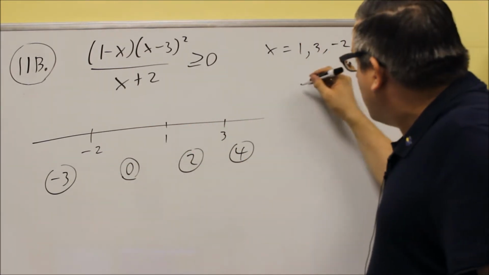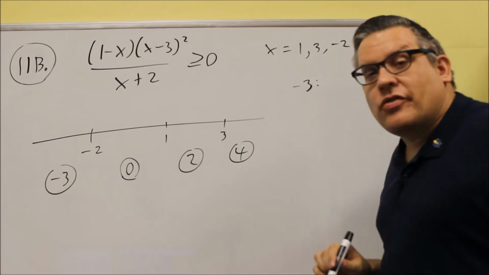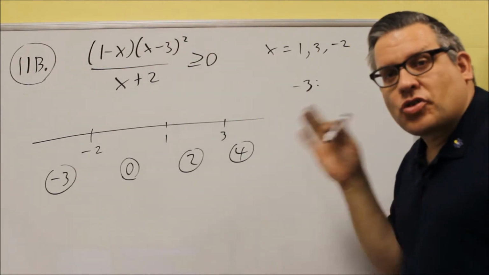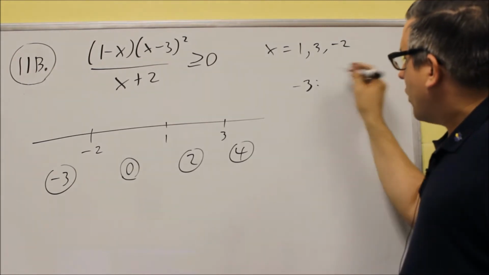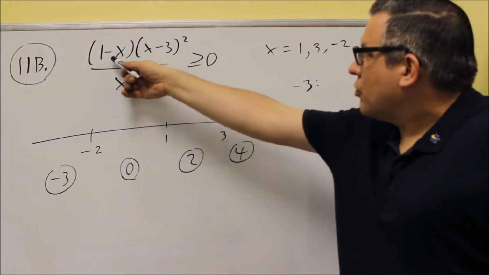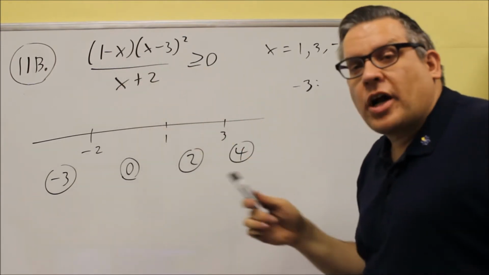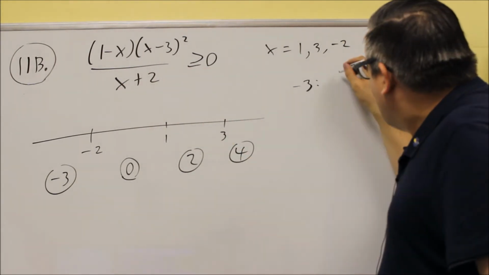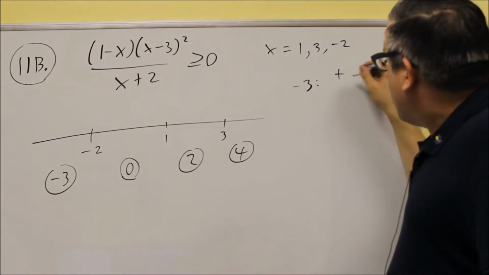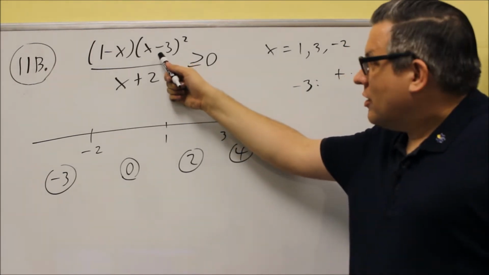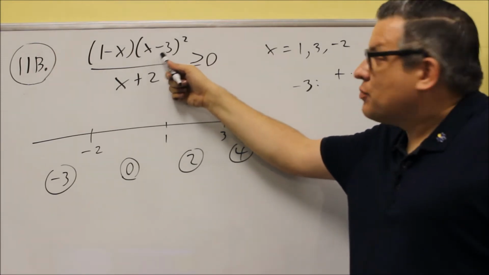So first, let's do test value of -3. Now I don't need to write all this out. All I'm concerned about are the signs. So all I need to do is put -3 into the first one. I get 1 minus -3, that's positive, so I get a plus. Next, -3 minus 3 is -6, but I'm squaring it.